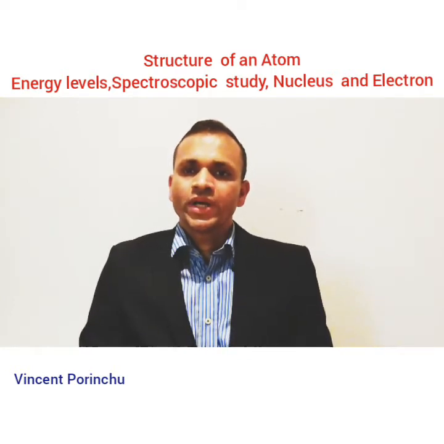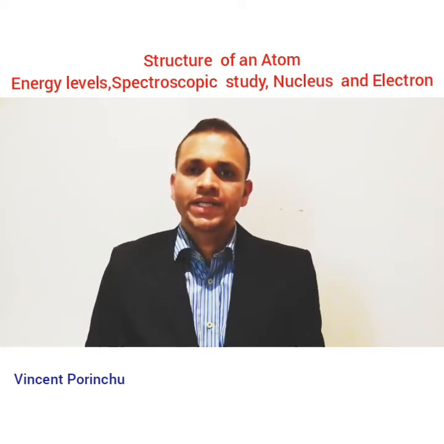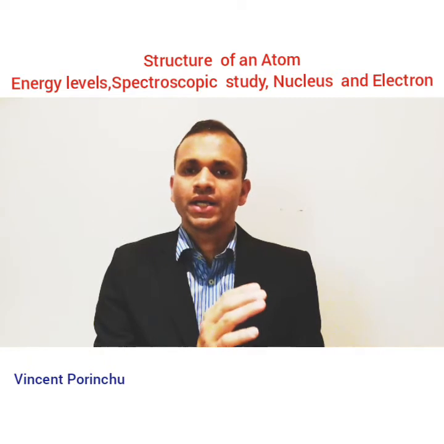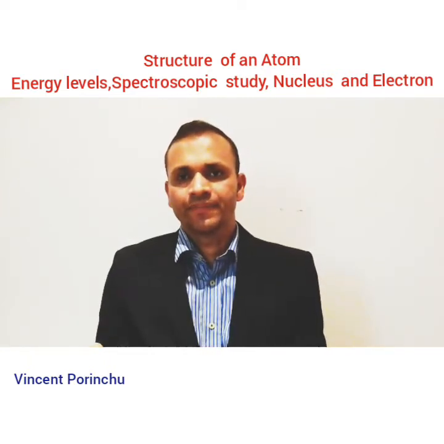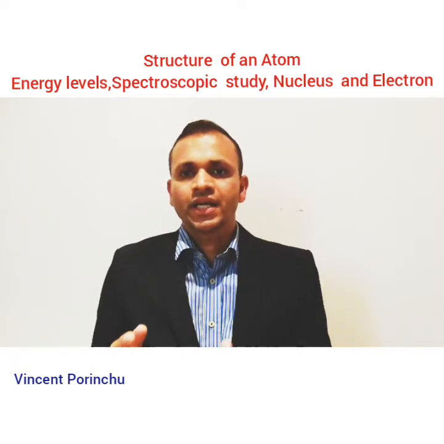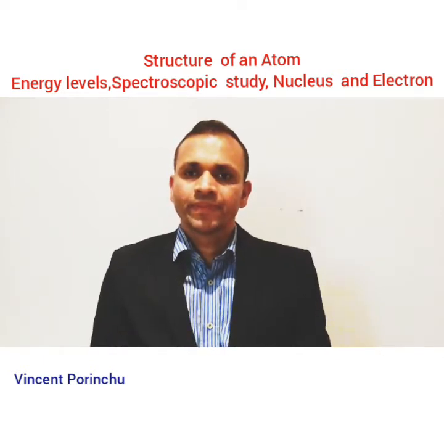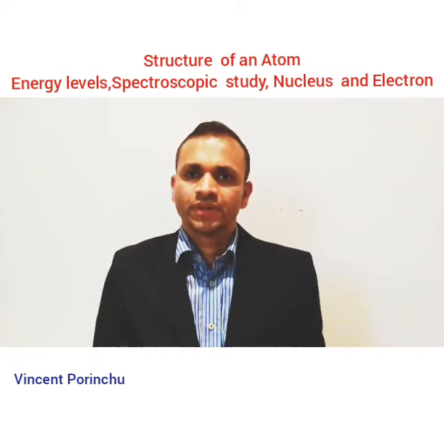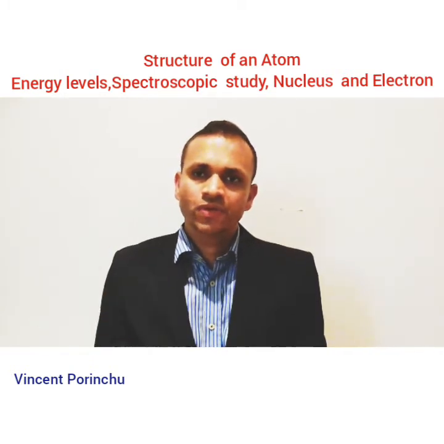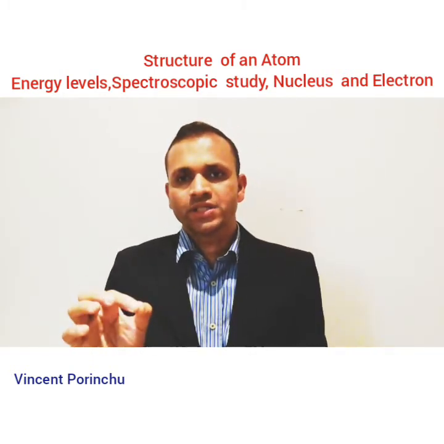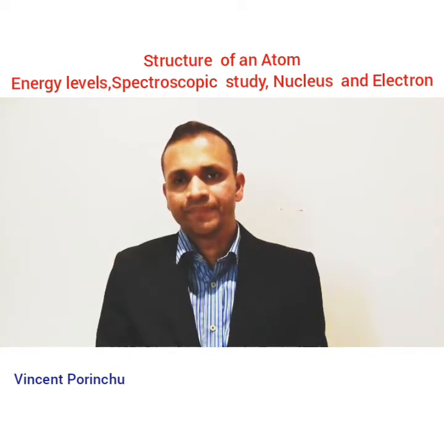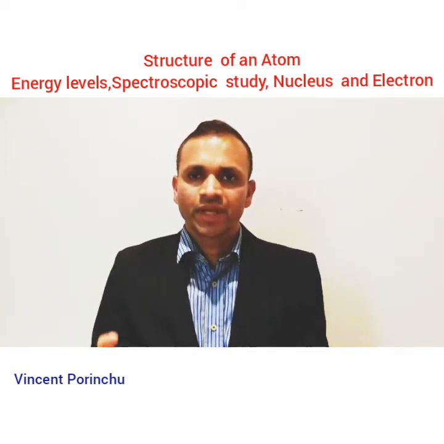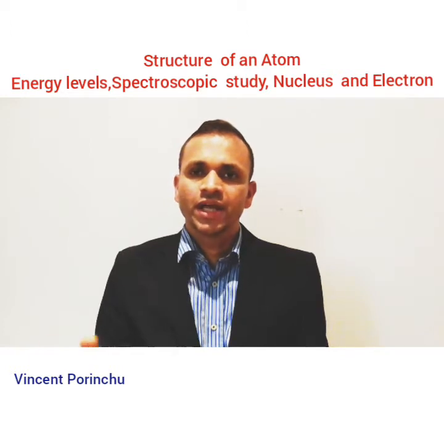So when this transition of the electron takes place from a higher level to a lower level, a certain amount of energy is liberated. So in emission spectroscopy, we will get a particular line that indicates a certain amount of energy emitted.